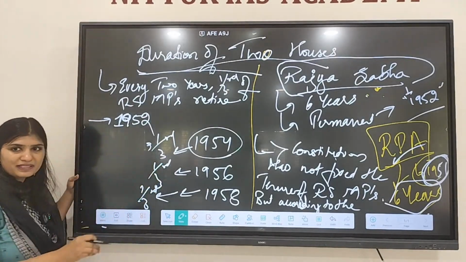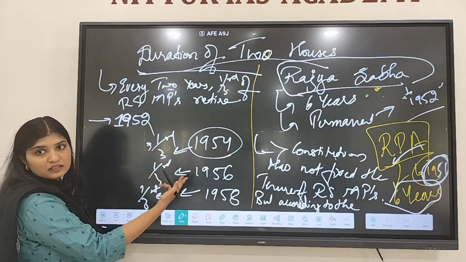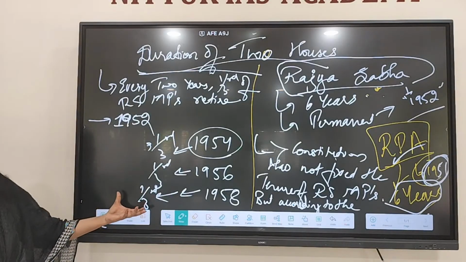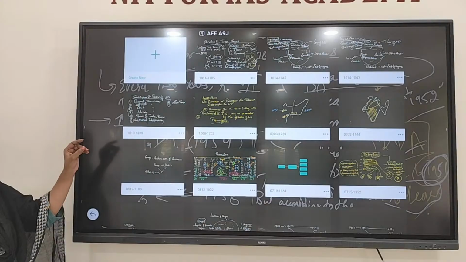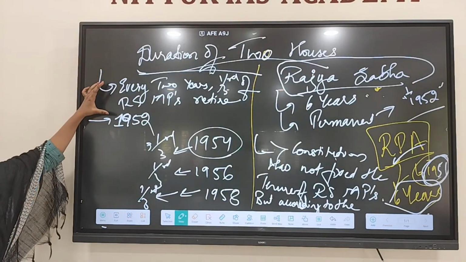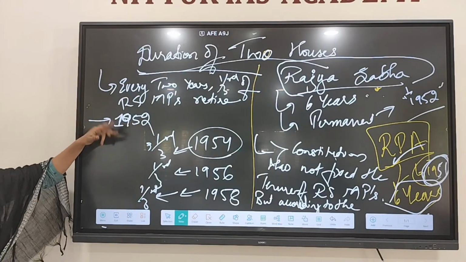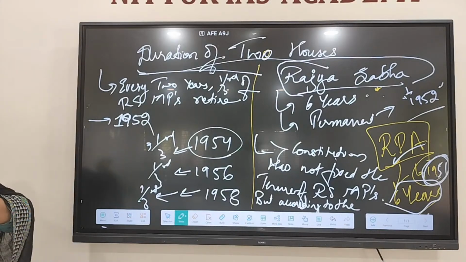The president picked the lottery and they served only for the period of 2 years. Some of them served for the period of 4 years. Other people served for a total of 6 years. In order to bring this process, they chose this method for the first time. For every 2 years, 1/3 of the members should get retired. The tenure will be 6 years.